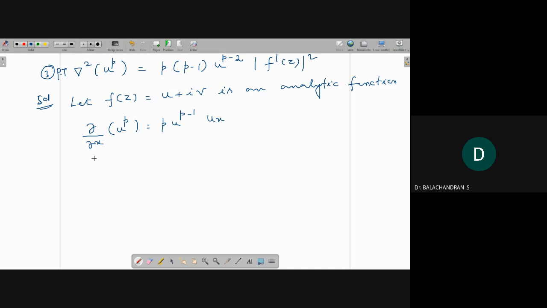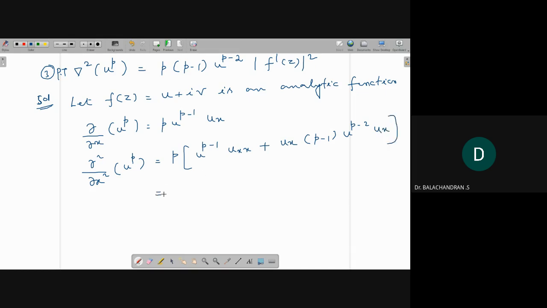Next, second derivative, dou square by dou x square of u power p. If you differentiate again, you'll get what? P is common, u power p minus 1 into, if you differentiate u, you'll get u xx, plus, keep u x, and if you differentiate u power p minus 1, you have p minus 1 into u power p minus 2 into u x.